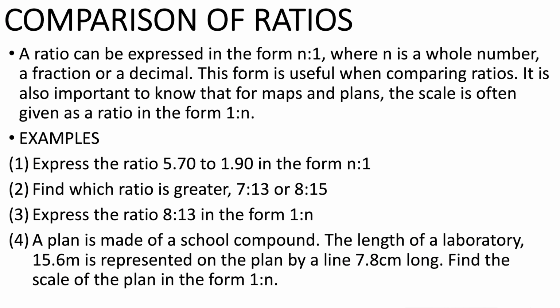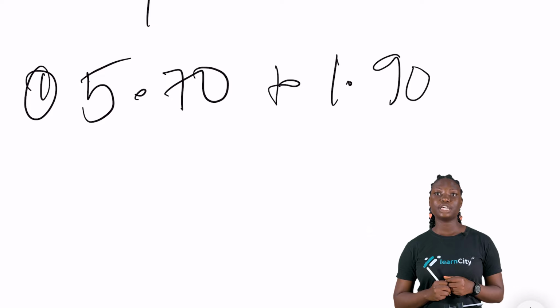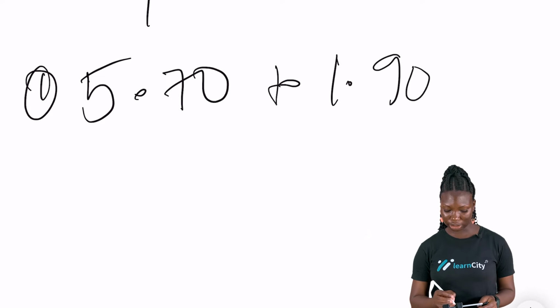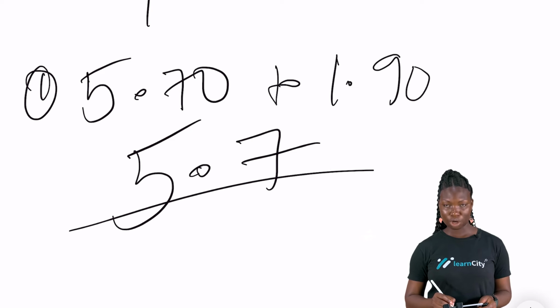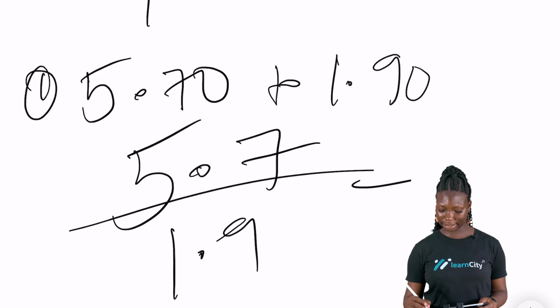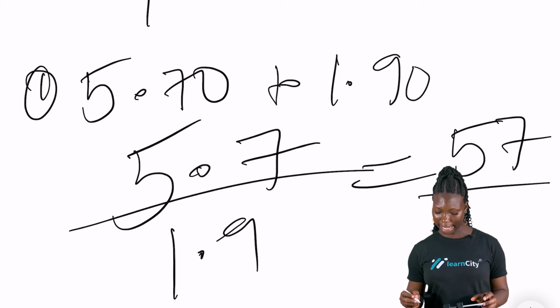Our first example today is: express the ratio 5.70 to 1.90 in the form n to 1. So how do we do it? We have 5.7 over 1.9, which we can write as 57 over 19.